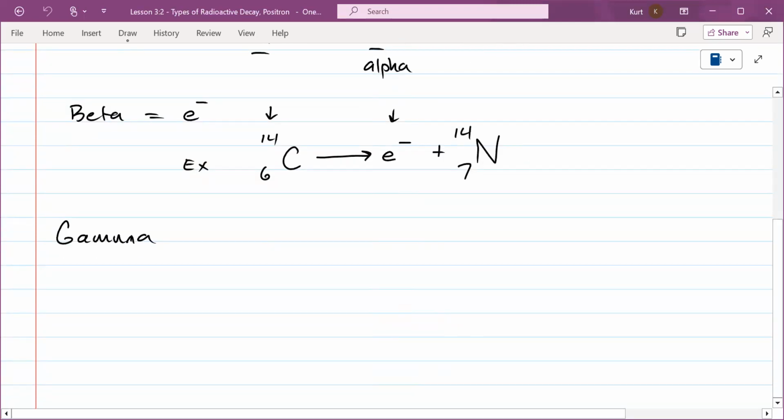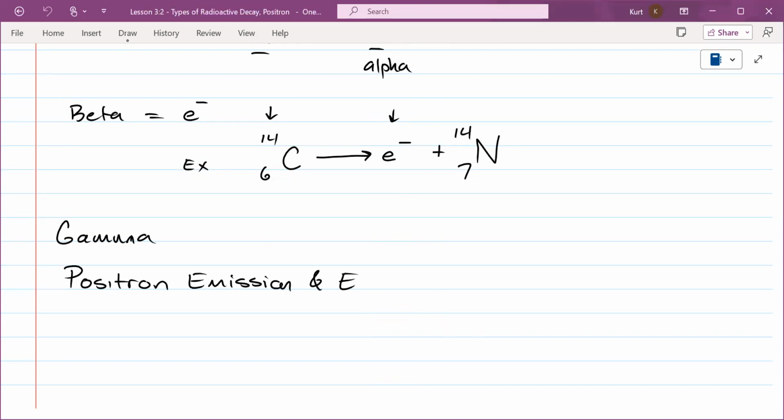Okay, so let's go to something new for you: positron emission and electron capture.